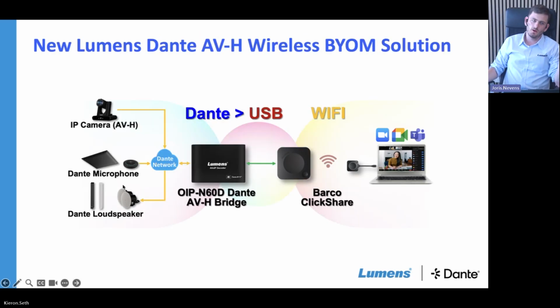But again, on the Lumens side, we just connect everything to the OIP 60D and offer a single cable to the wireless device, which is then beaming it to your dongle in the room. So that means even if it's a fixed MTR or a wireless bring your own meeting, the OIP 60D is capable of handling those two room types.